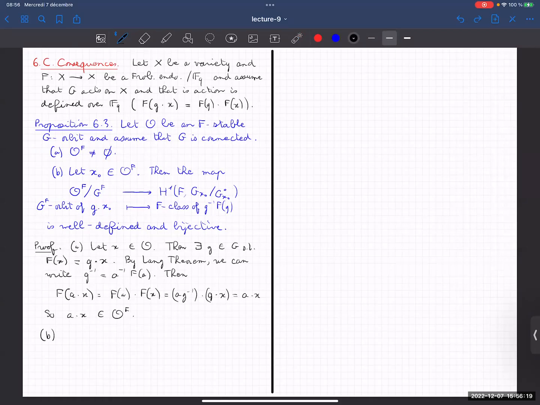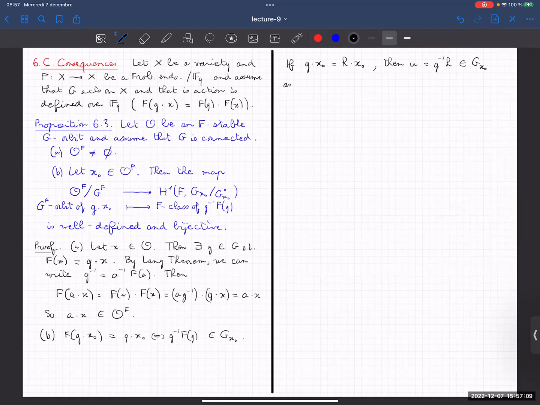So first of all, if g·x0 is equal to F(g)·x0, then it is very easy to check that this is equivalent to saying that g^{-1}F(g) stabilizes x0. This is just a translation, because you must use that F(x0) is equal to x0. Now, if g·x0 is equal to h·x0, then the element u, which is equal to g^{-1}h, belongs to the stabilizer of x0.